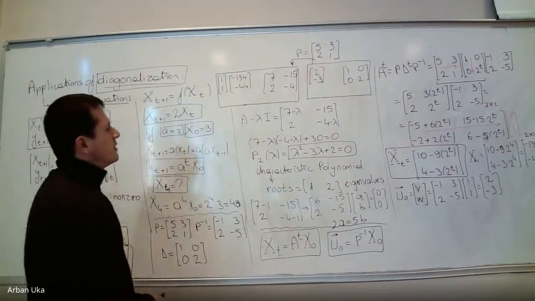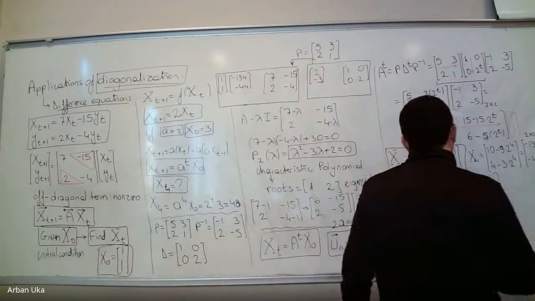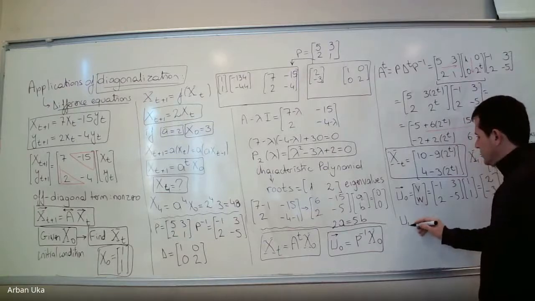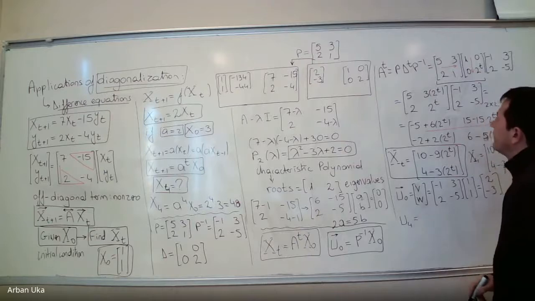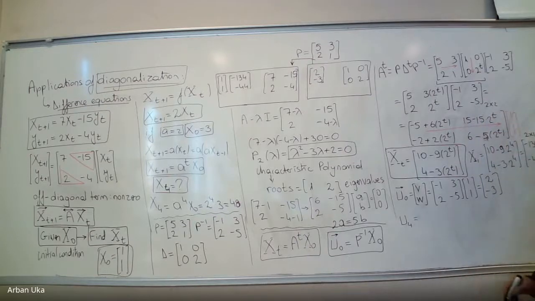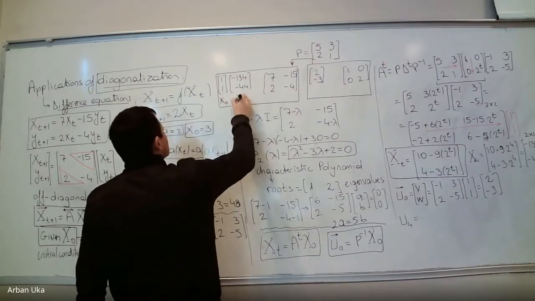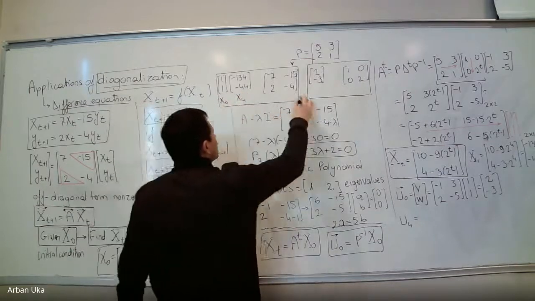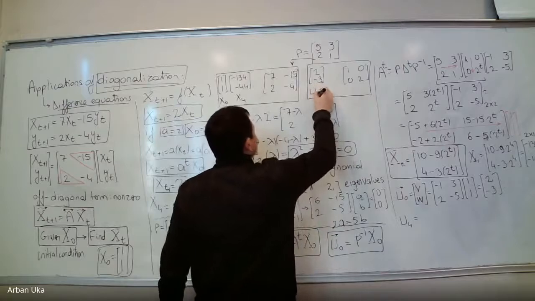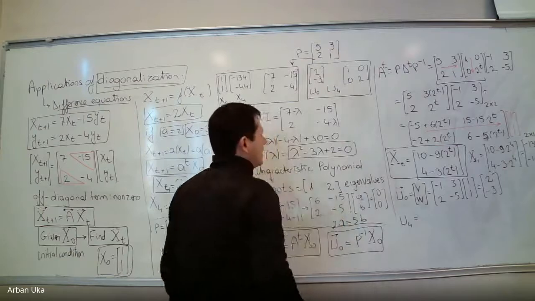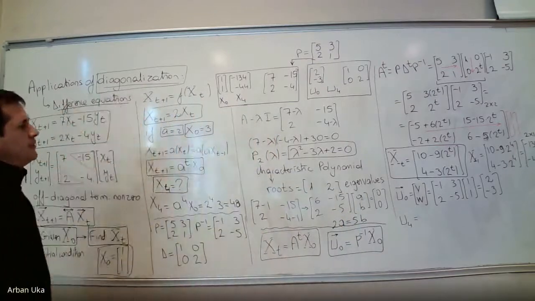So then we can ask the other question. If this is u0, what is u4? How do we find u4? Let me write it here. This is x0, and this is x4. Now, using the transformation, we found here u0, and now we want to find u4.